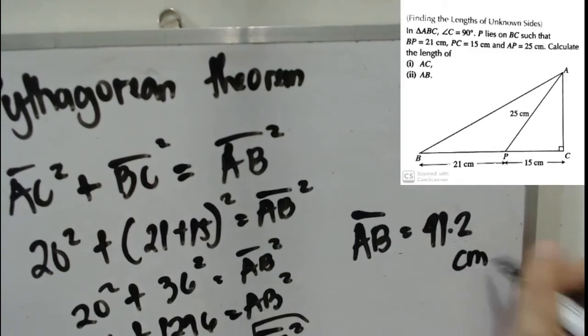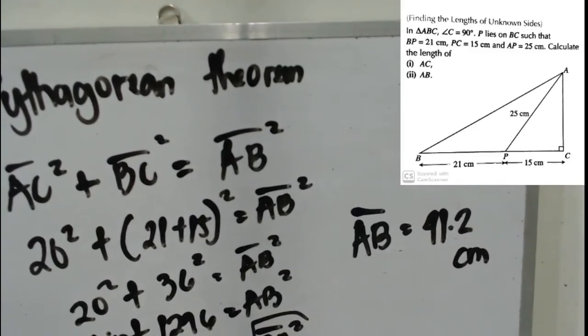Again, whenever we have this problem, we need to find AB. Earlier, we found AC as 20. For the length of BC, we add BP and PC, 21 plus 15, which gives us 36.